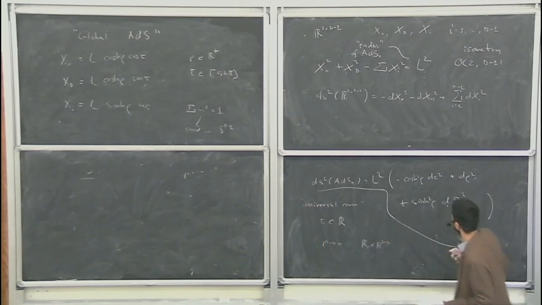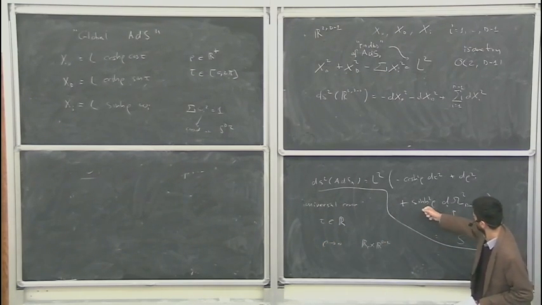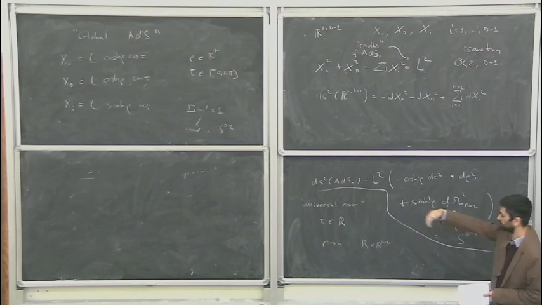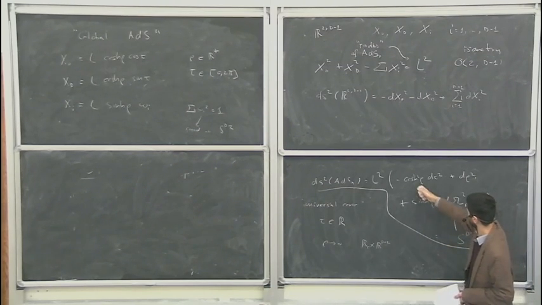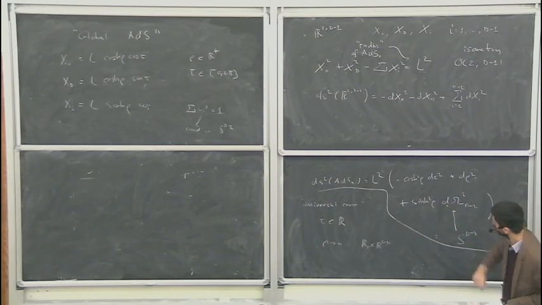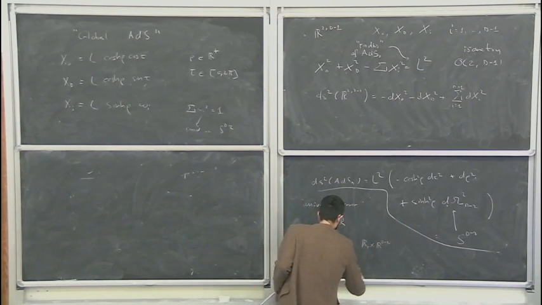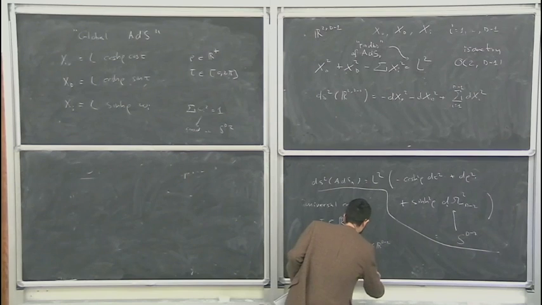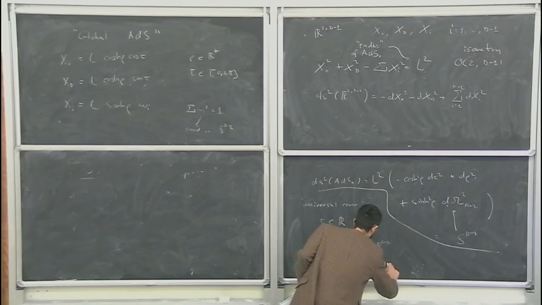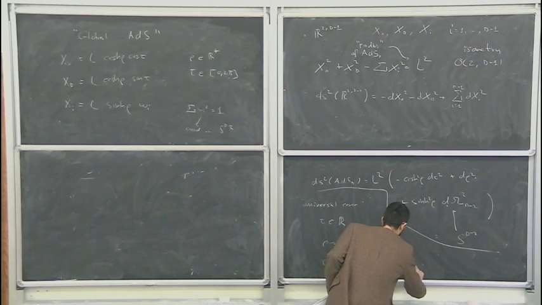And you can also check, simply by looking at the asymptotic behavior of the sine and cosine as e to the 2 rho, that as rho goes to infinity, there is what's called a conformal boundary.